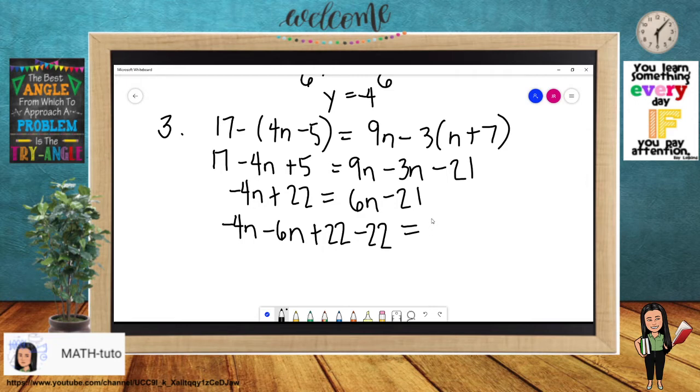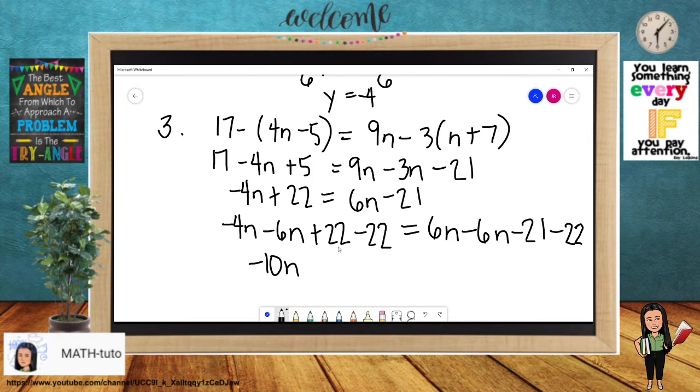Now, we have 6n here and we subtracted 6n on one side, so we need to do that here. Negative 21, and then we subtracted 22 on the other side, so do it also on this side. We have here negative 10n plus 0.